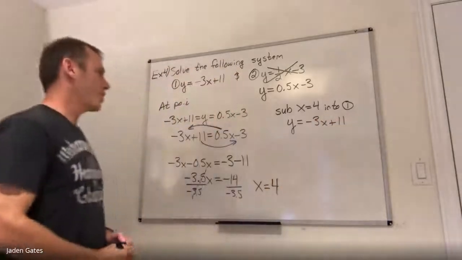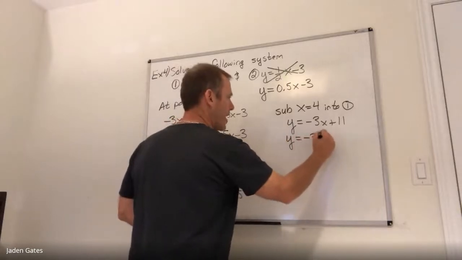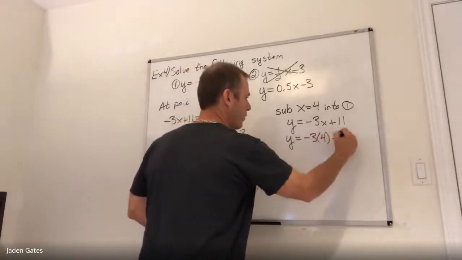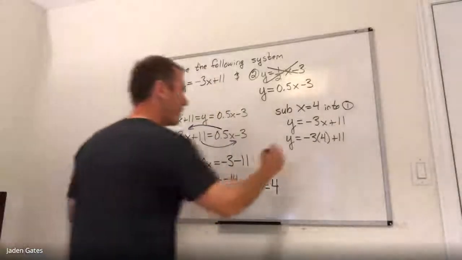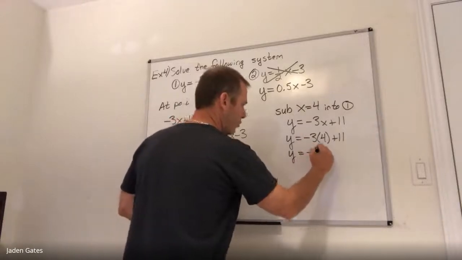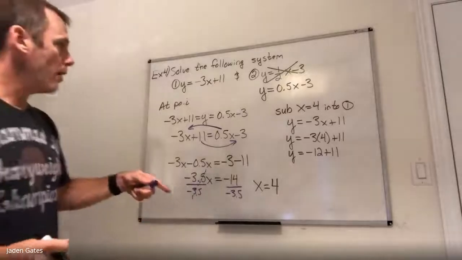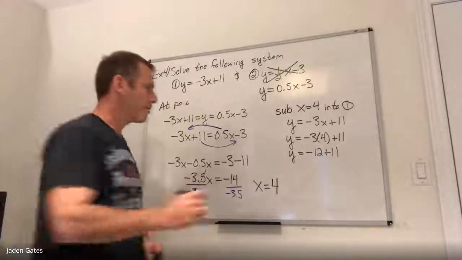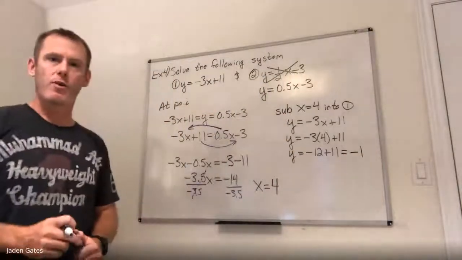I substitute in my x value: negative 3 times 4 is negative 12, plus 11. If you lose 12 and then get 11 back, you're still down 1. And there's the y-coordinate of my point of intersection.